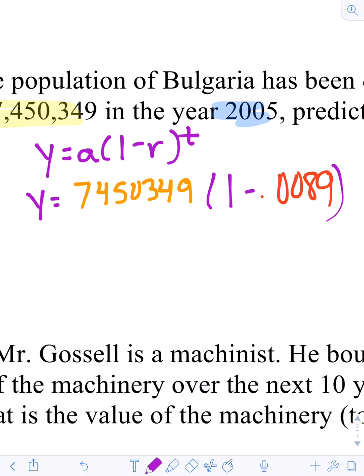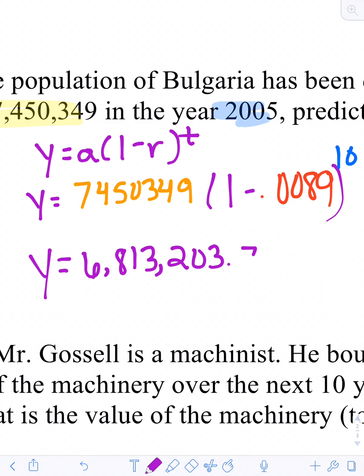So close my parentheses, power of 10, because that's how many years we're looking at. Type all that into the calculator, and you'll end up getting y is equal to 6,813,203.776. So your answer is around 6,813,204 people.